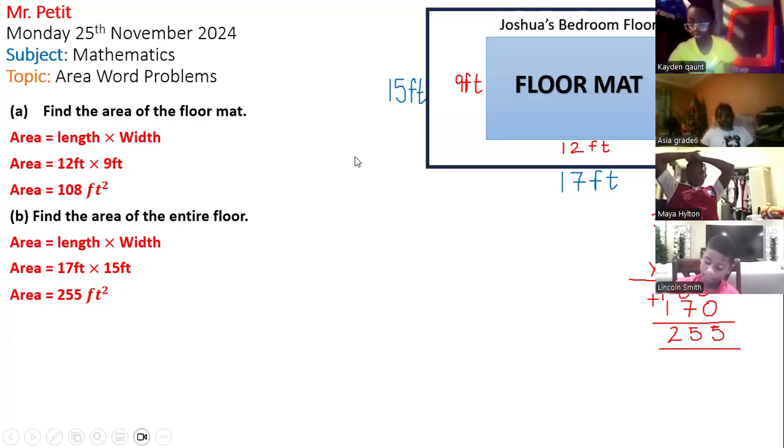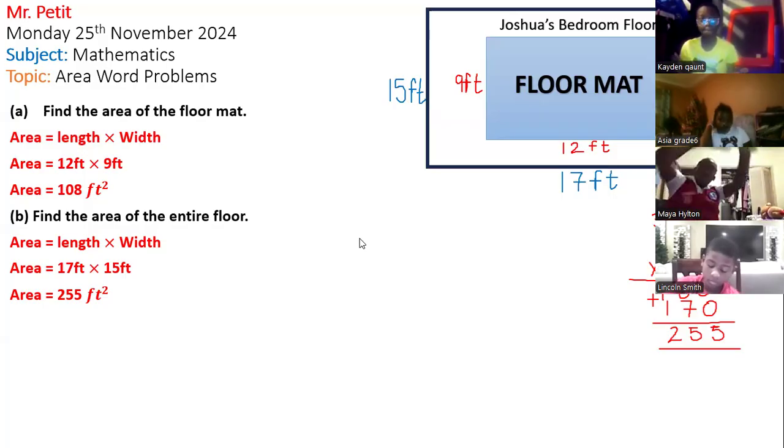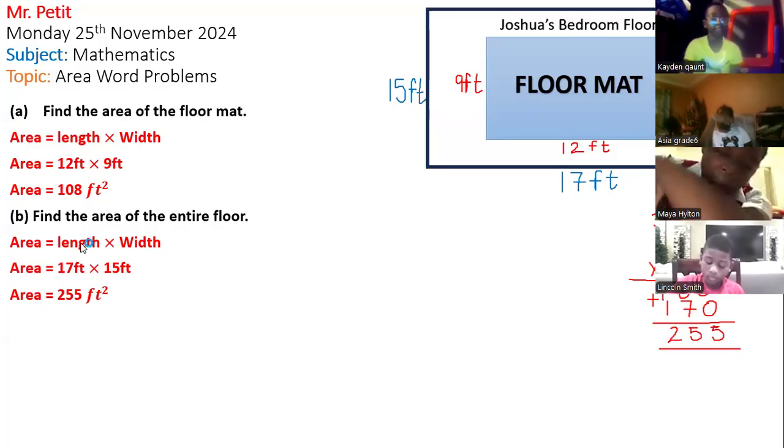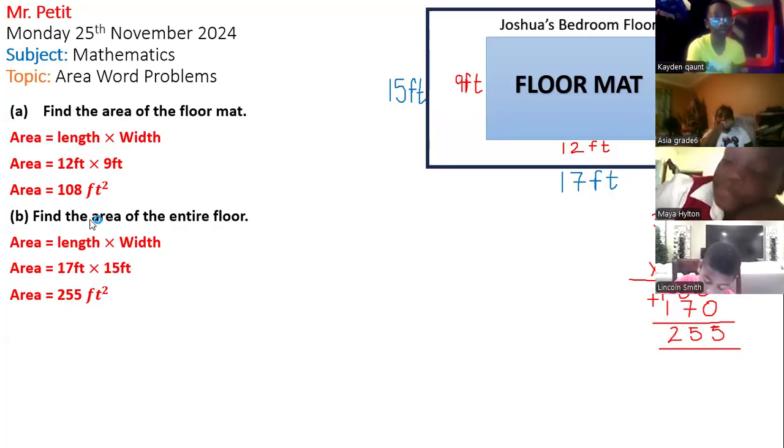All right. Asia, you understand this? Yes, sir. Good. Wynette, can you explain how we got the area of the entire floor?